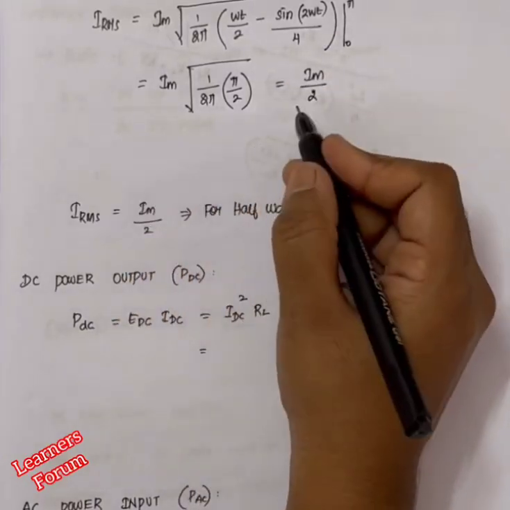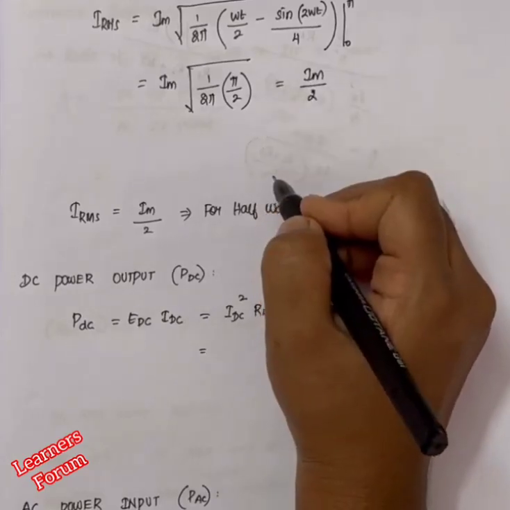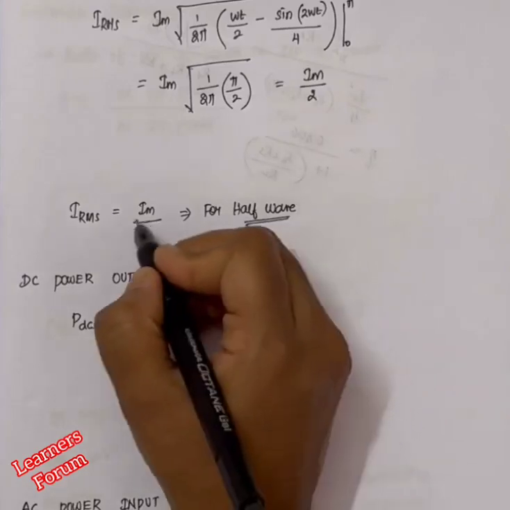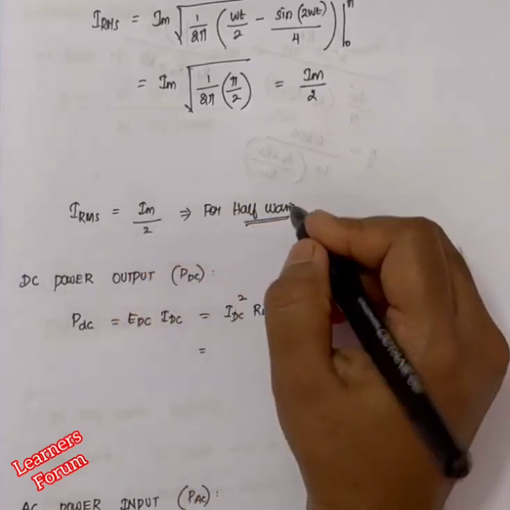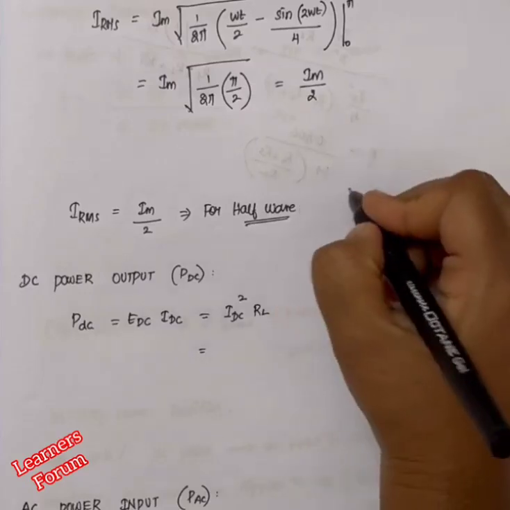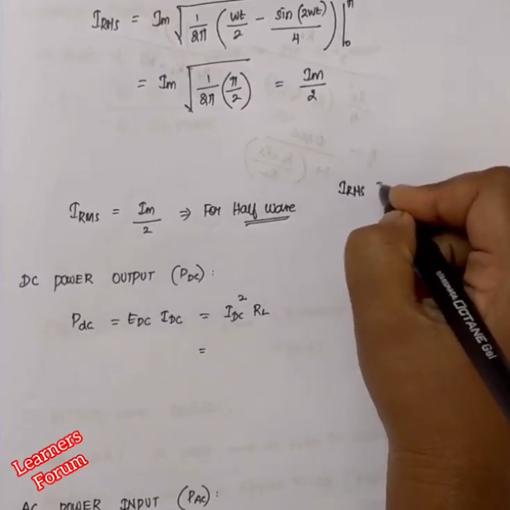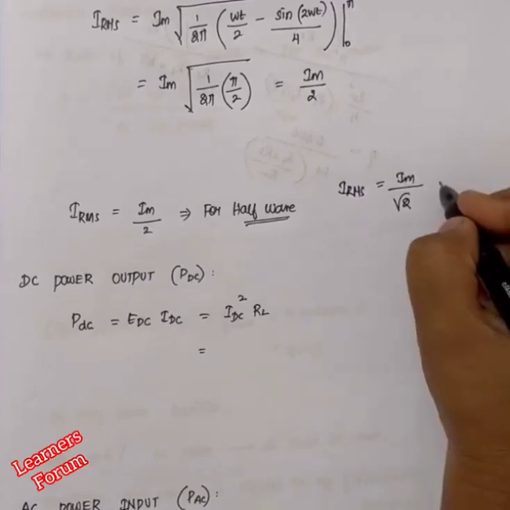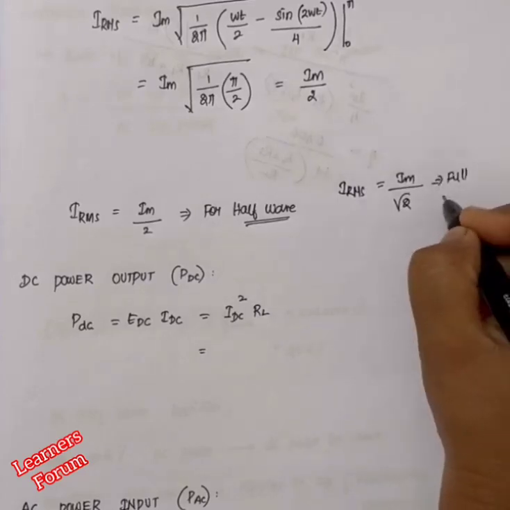So here we have to know a small thing, that is the root mean square of half wave rectifier is equal to Im by 2. Whereas if you consider for full wave rectifier, the same IRMS will be equal to Im divided by root 2. So this is for full wave rectifier.